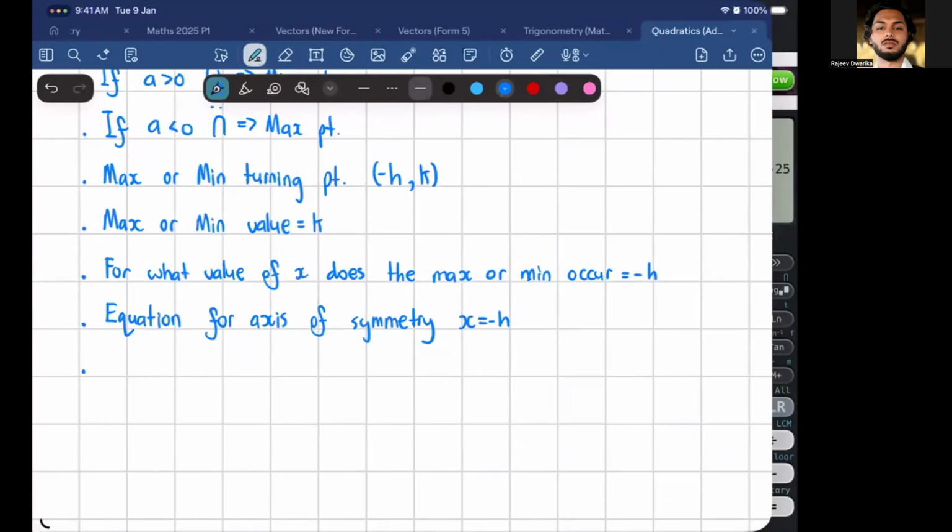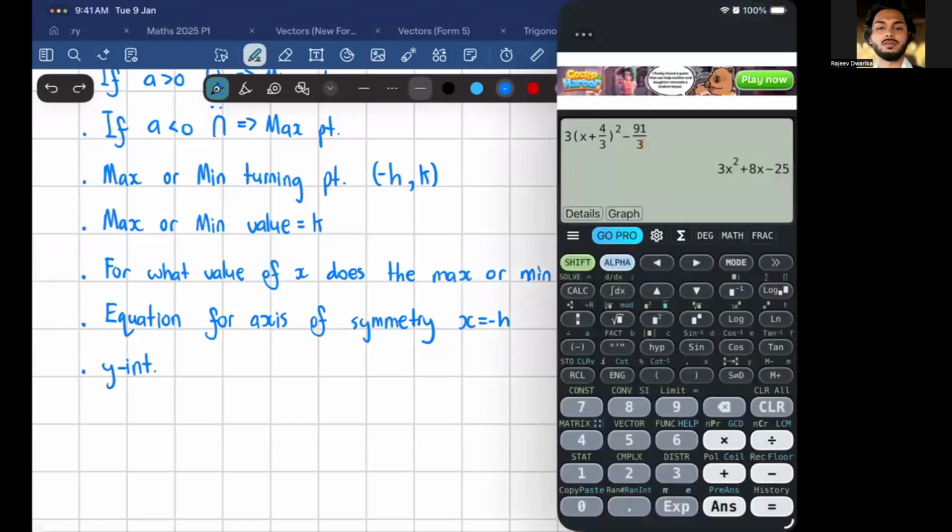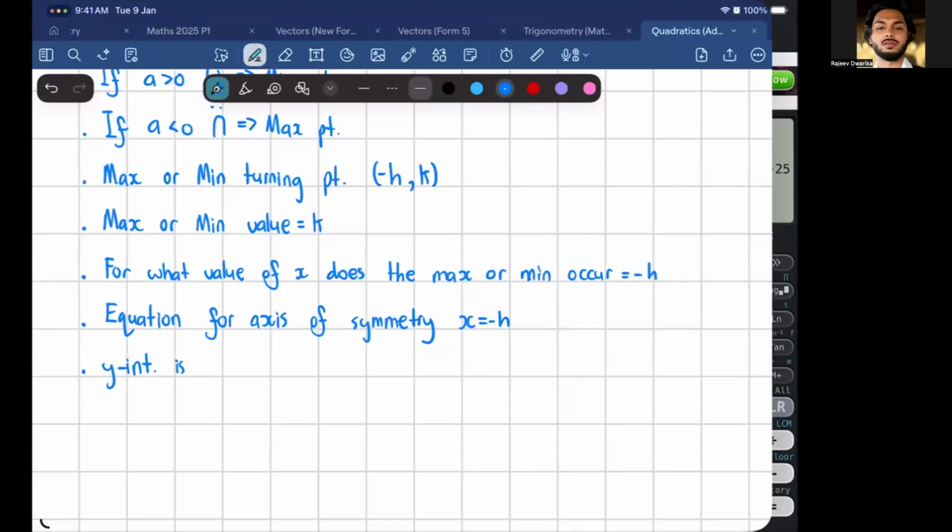Zachary, do you know how to use completing square to solve for the roots? Yes. Okay. Caleb, if you don't know, tell me now. It's okay. You know how to do it? Yeah. Okay. Do you all know how to find the y-intercepts? Yes, sir. The y-intercept is simply the c value.